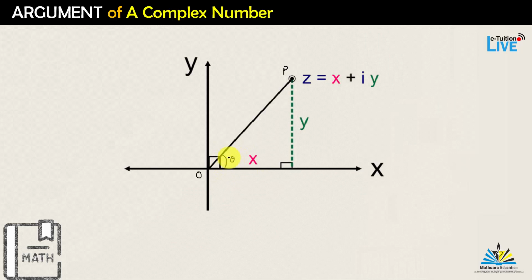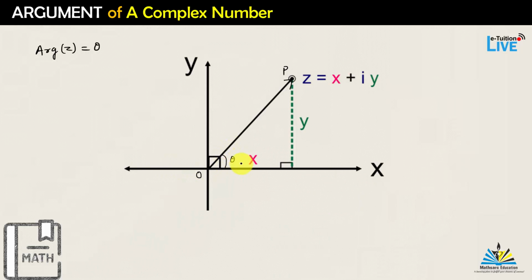Then this angle theta is called the argument of z. So argument of z is equal to theta. And you can see that the radius vector OP is making theta with the positive real axis. This is the positive real axis, and hence this angle theta is known as the argument of z.